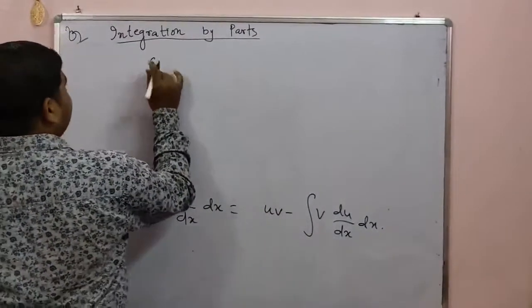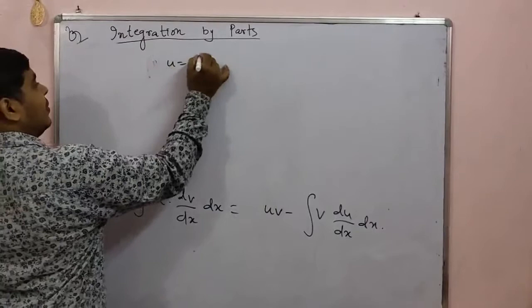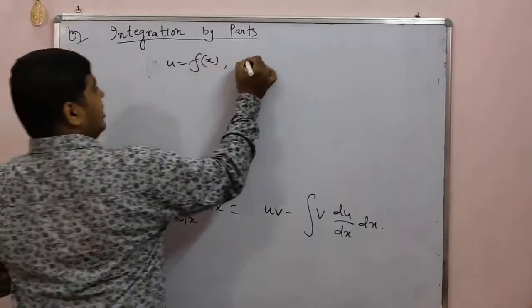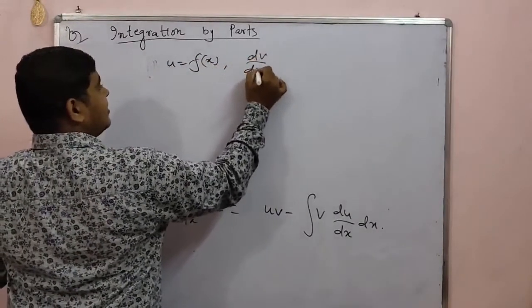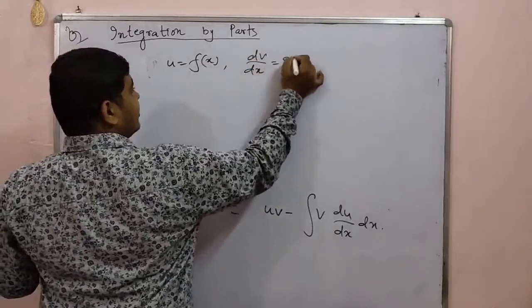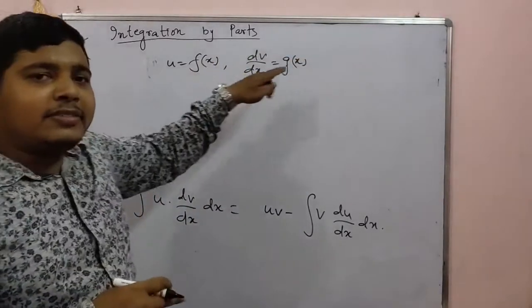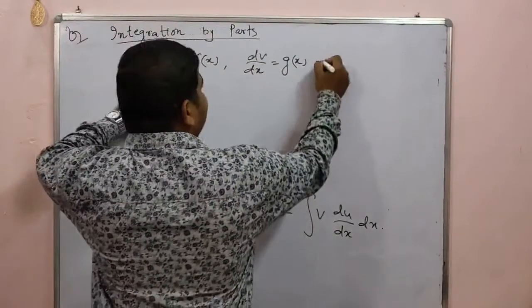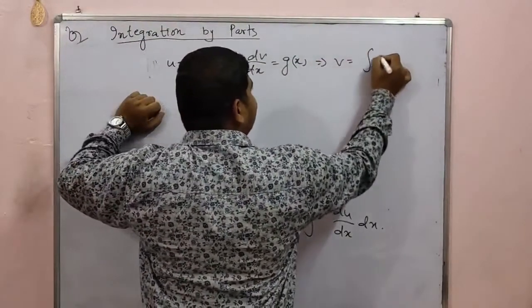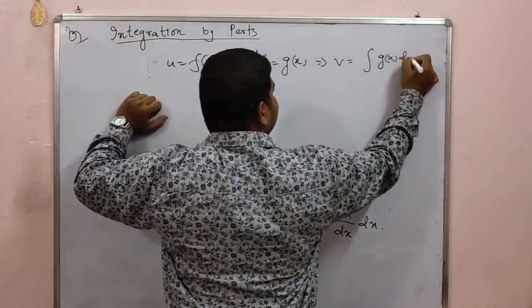Now let u be equal to f of x and dv by dx equal to some g of x. If dv by dx is equal to g of x, this implies v is equal to integration of g of x dx.